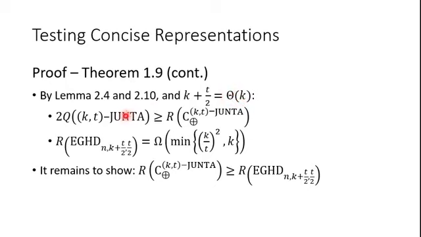So all we need to show in order to get a lower bound for the query complexity is to link between these two and show that this relationship holds. Then we get the lower bound that we want for this property, omega of this expression. So we will now show this using our reduction from EGHD.